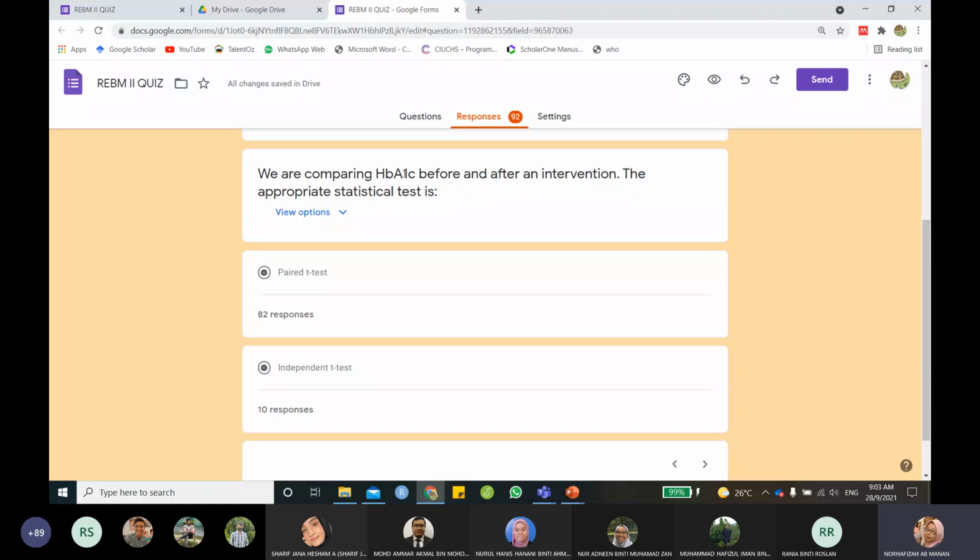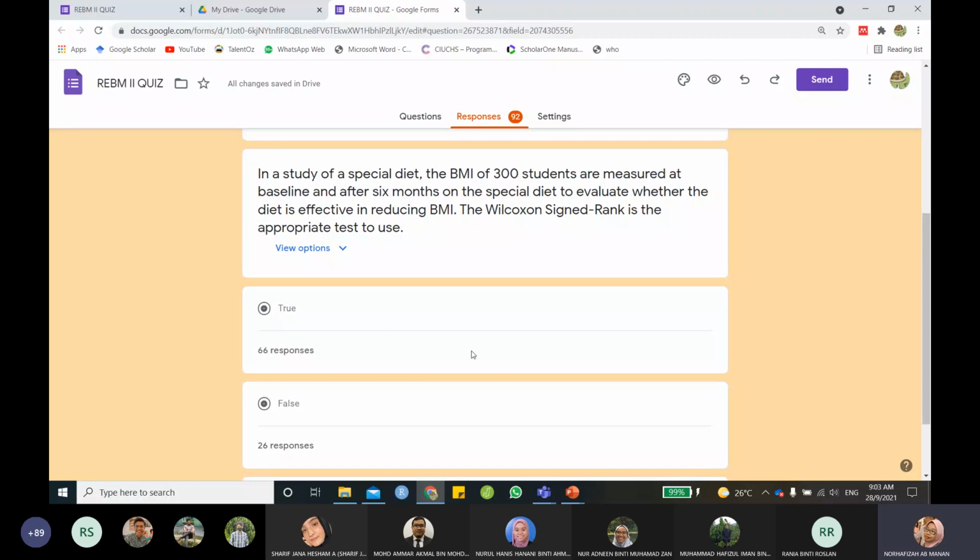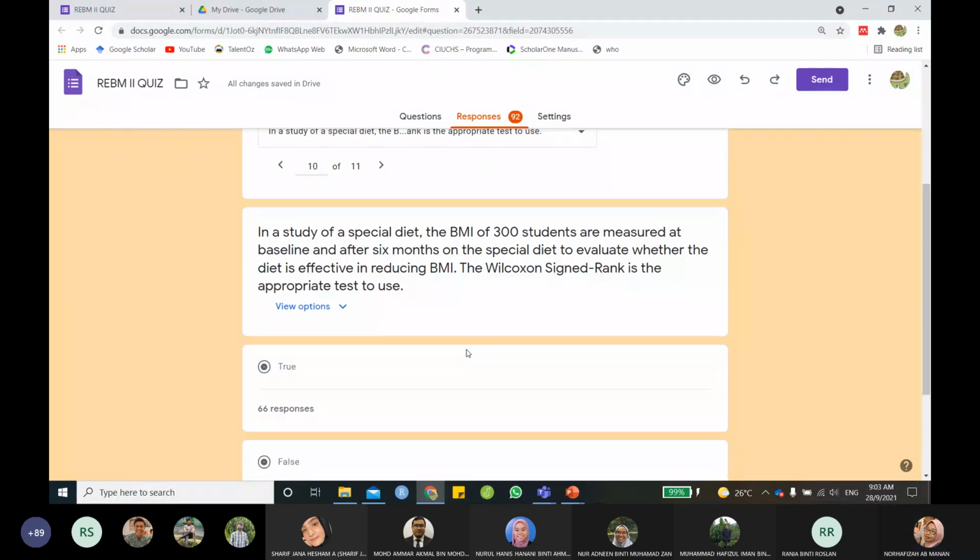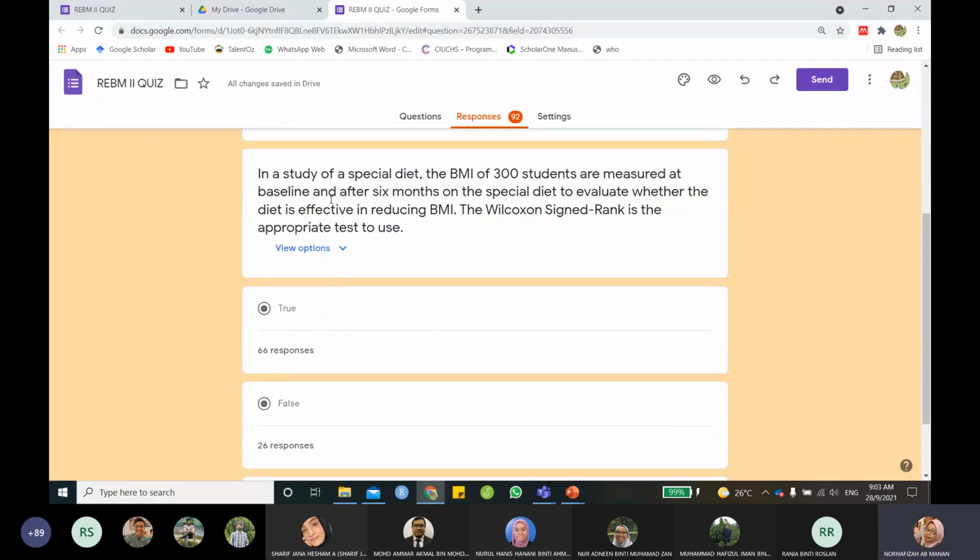This one, we are comparing HbA1c before and after an intervention, and the appropriate statistical test is the paired t-test, because it is before and after. Next: in a study of a special diet, the BMI of 300 students is measured at baseline and after 6 months of the special diet to evaluate whether the diet is effective in reducing BMI, and the Wilcoxon signed rank test is the appropriate test to use.